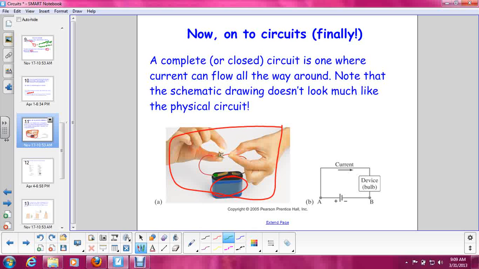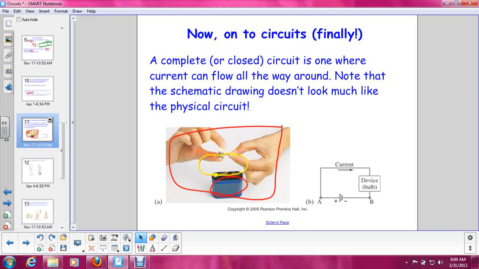So we can start on the battery, let me get a different color, start on the battery, and the electricity will move through the wire, through the light bulb, through the other wire, and back into the battery. I just made a complete loop without picking up my marker. That tells me this is a closed circuit.